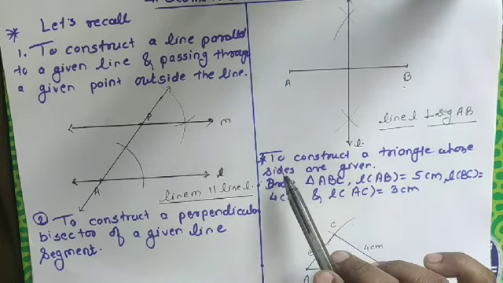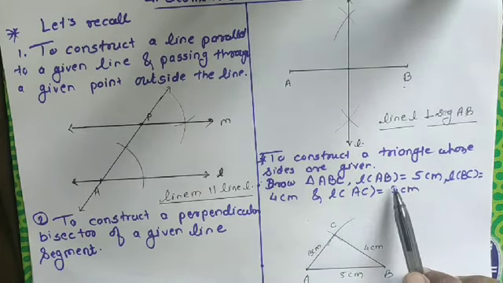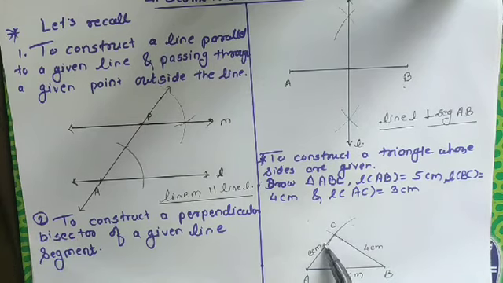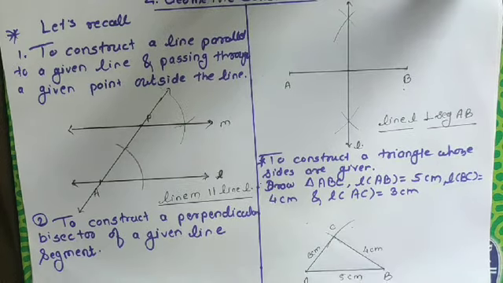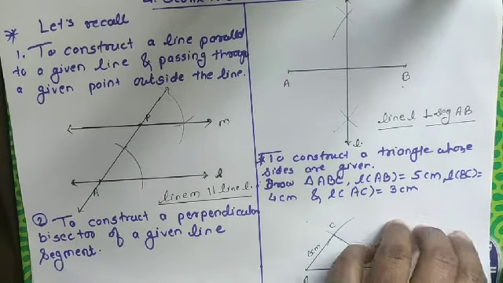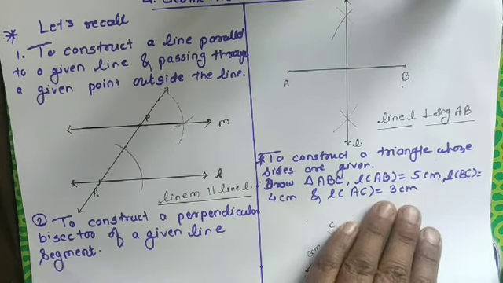So I taught you how to construct a triangle whose sides are given. As you know, the triangle has 3 sides, that is AB, BC and AC in triangle ABC. If they give us these distances, that is how to draw the triangle. Now we will see the next construction.